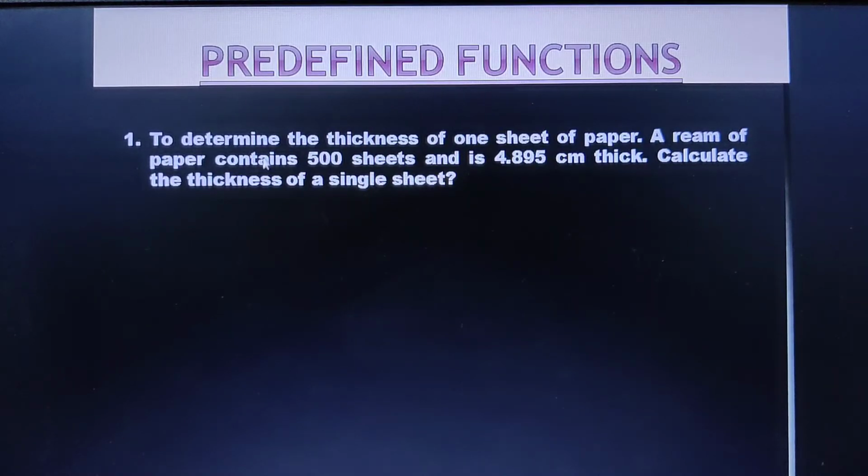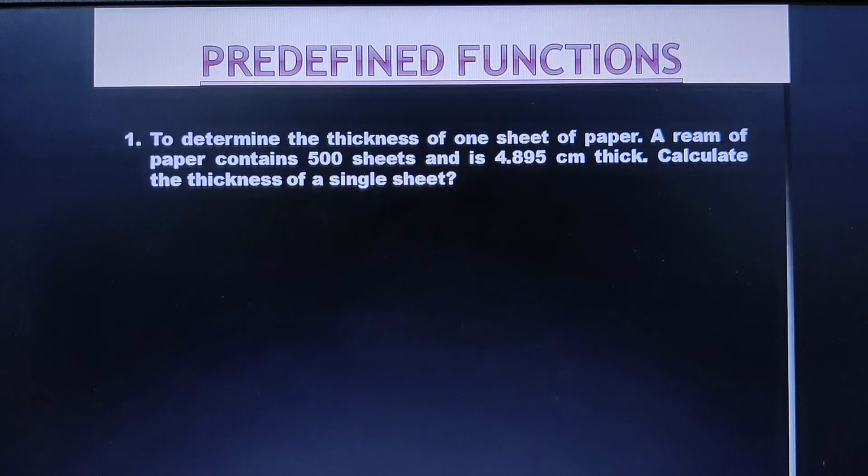Alright. So the question here is we need to determine the thickness of each sheet, wherein I have a bundle of 500 sheets and the total bundle thickness is about 4.89 centimeter. Then how do we calculate this? See, the first thing is we need to determine the thickness of a single sheet here.